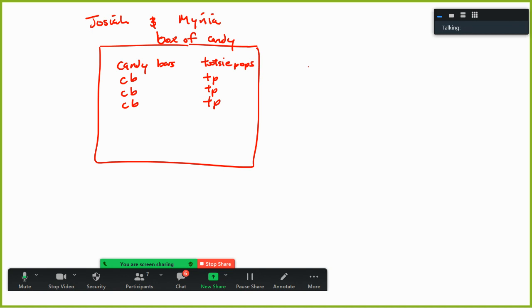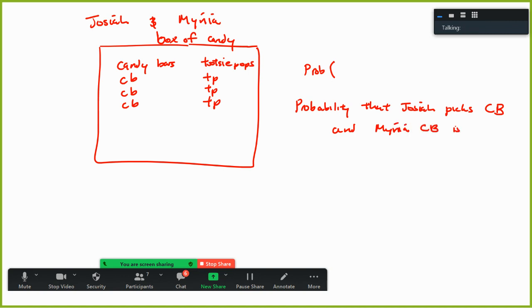Now, the probability that I pick a candy bar, let's write this out. Probability that Josiah picks a candy bar and Mania picks a candy bar is what?